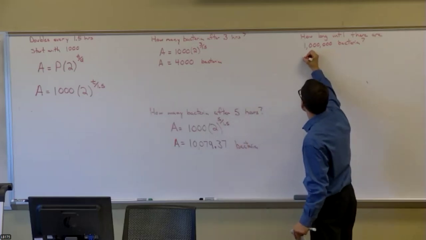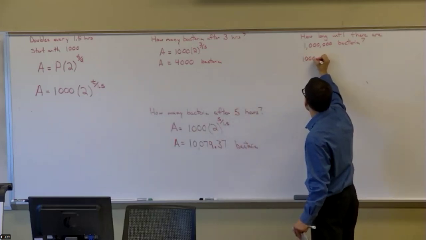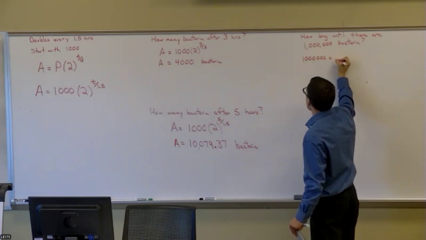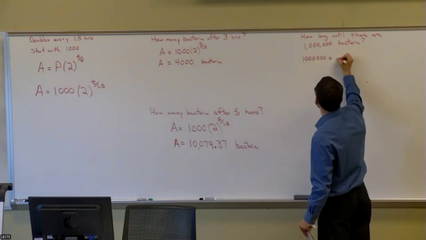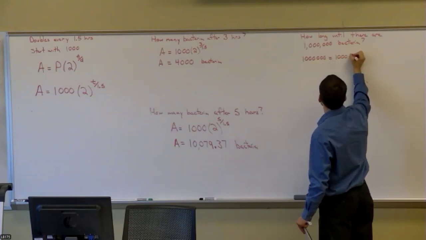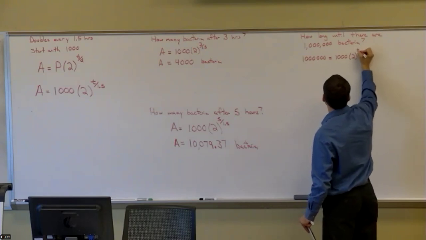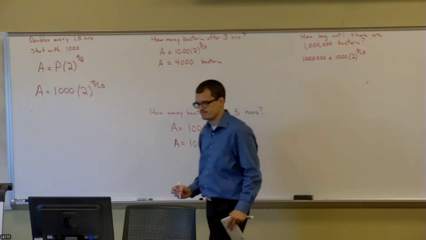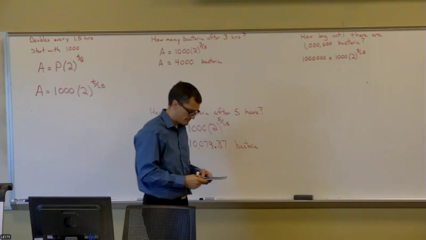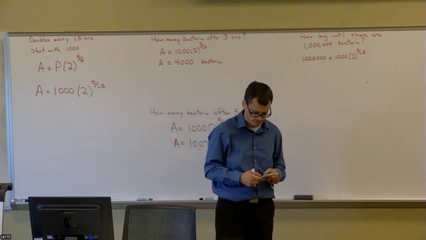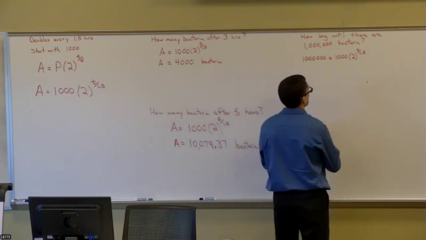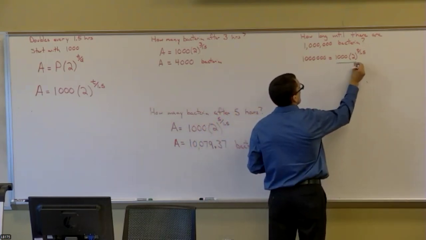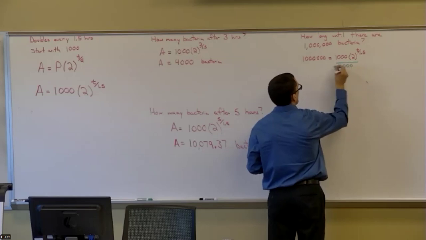And then we can do the exact same thing we've been doing most of the class period. And that is, on this problem, you set 1,000,000 equals 1,000 times 2 raised to the t over 1.5 and solve that for t. Divide both sides by 1,000.